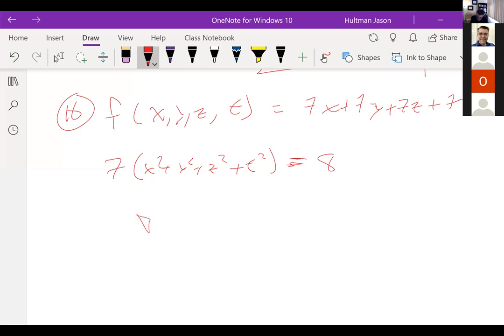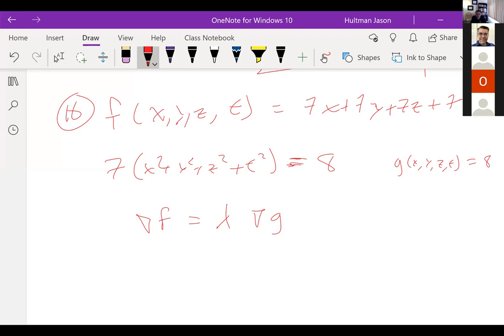So we want the gradient of f equal to lambda times the gradient of g. What's g in this case? g of x, y, z, t is equal to 8. Remember, the constraint is that we have some function equal to a constant.